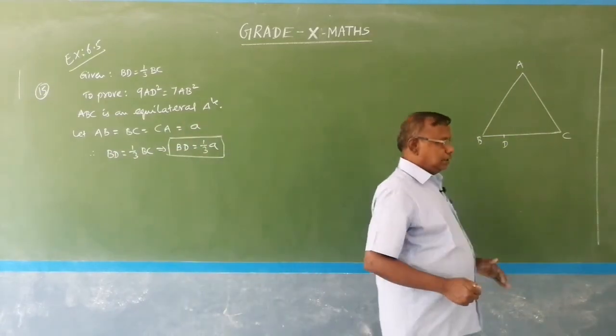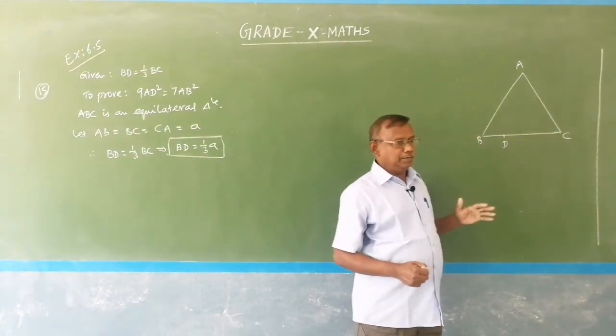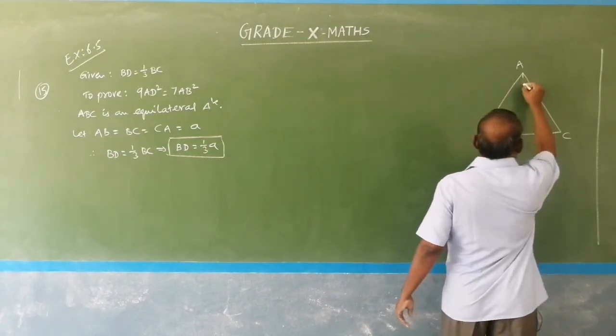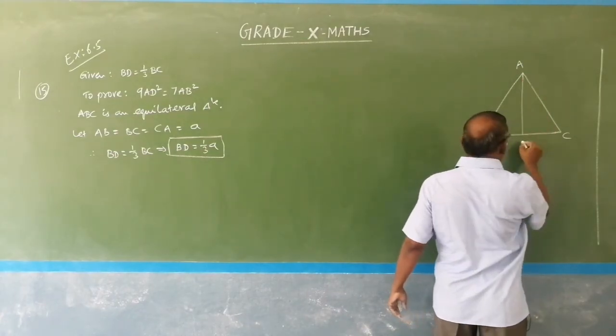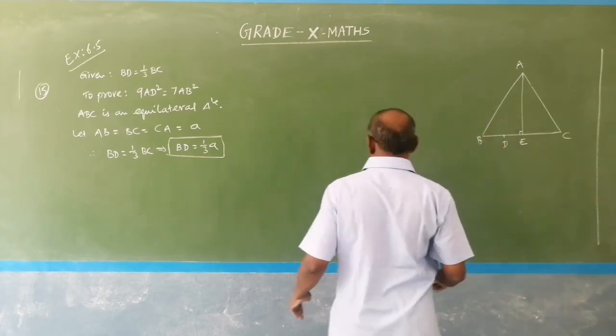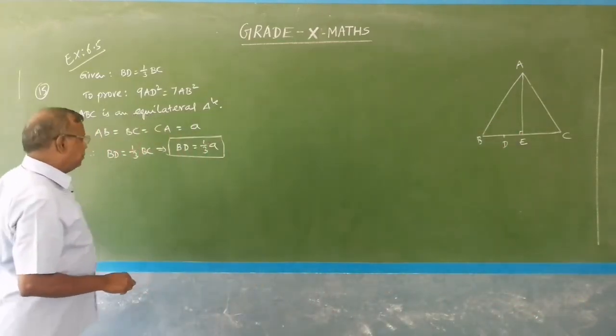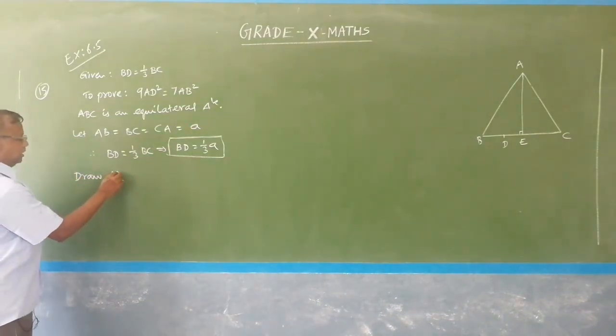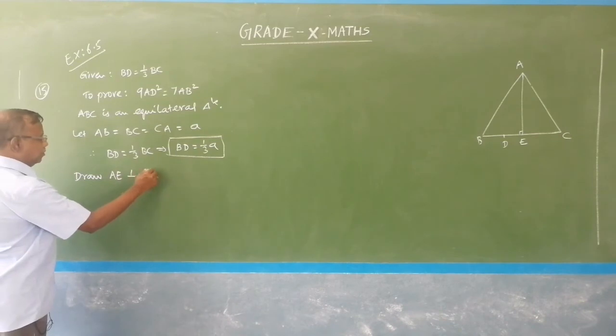Now these are all Pythagoras theorem related problems. So we need an altitude here. So draw altitude AE to the side BC. Construction: draw AE perpendicular to BC.